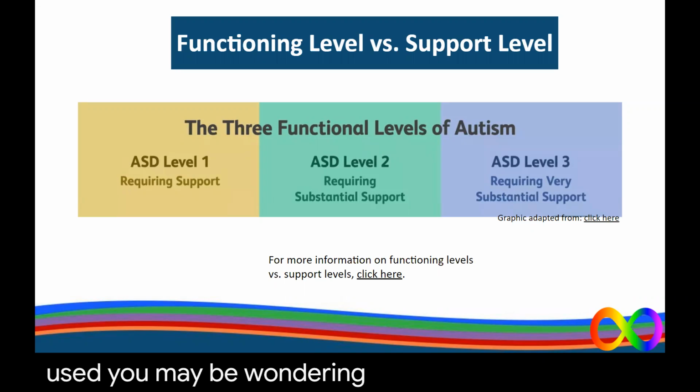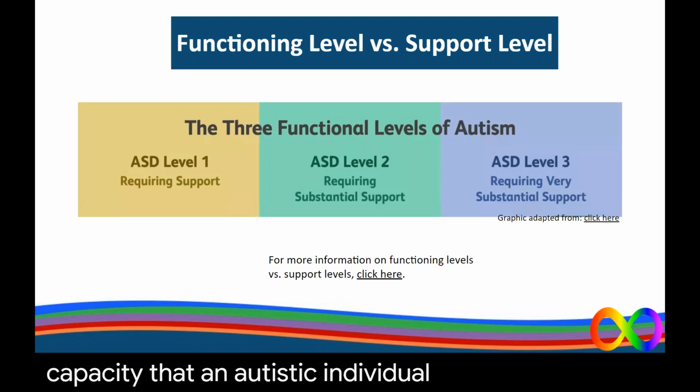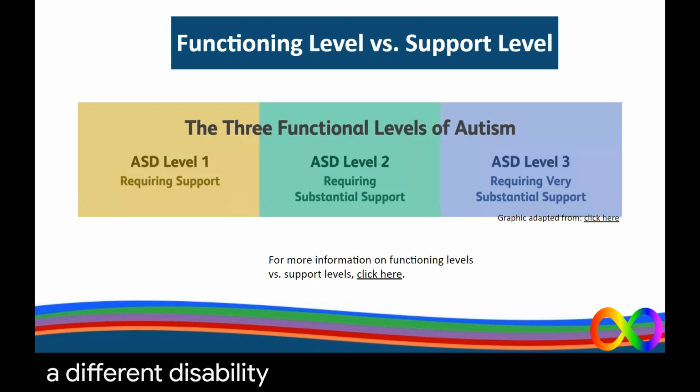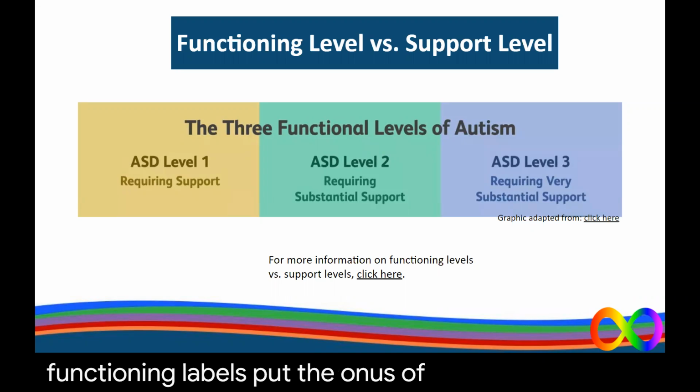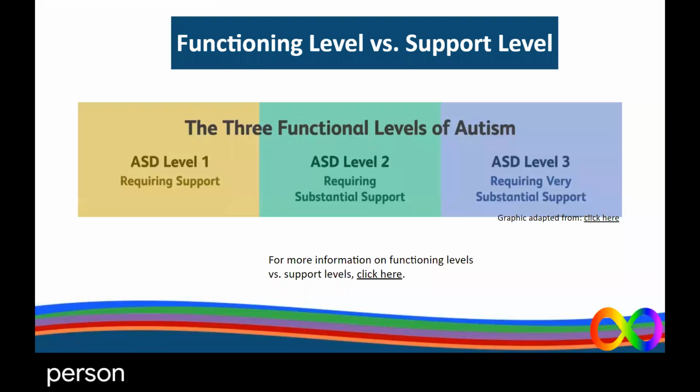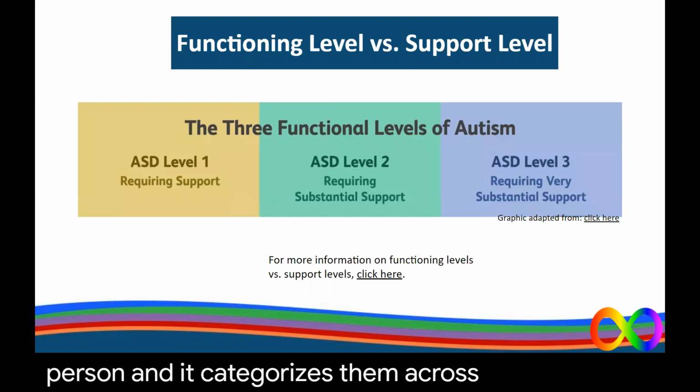You may be wondering why. And it's because high and low functioning cannot capture the considerable variation in capability and capacity that an autistic individual or an autistic with a different disability label has. Plus, high and low functioning labels put the onus of the disability on the person, and it categorizes them across all of their traits.